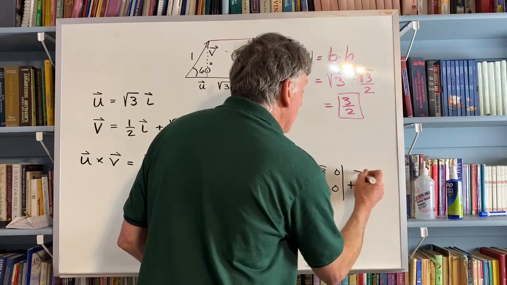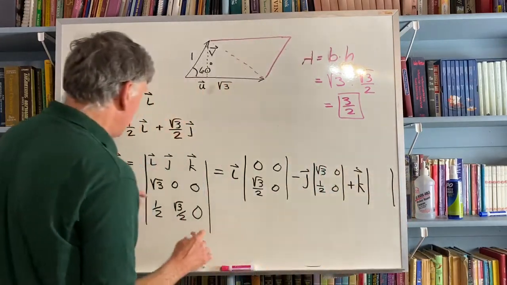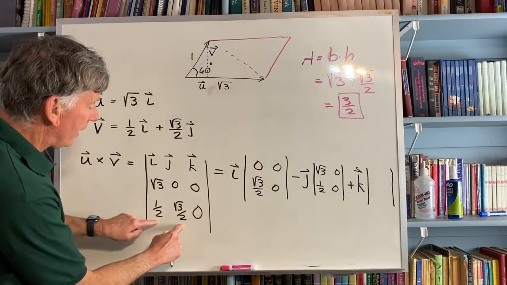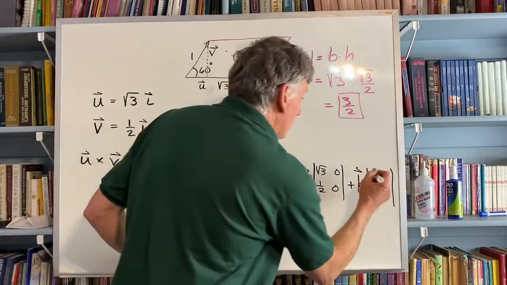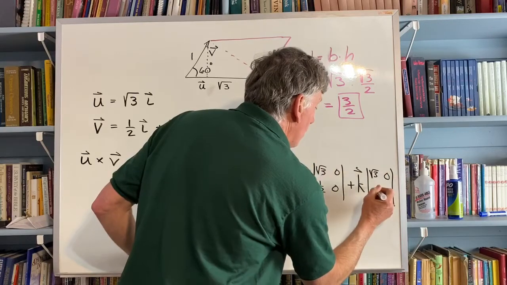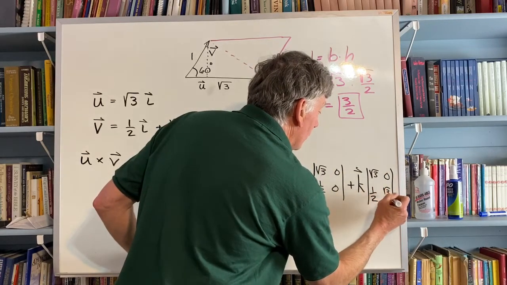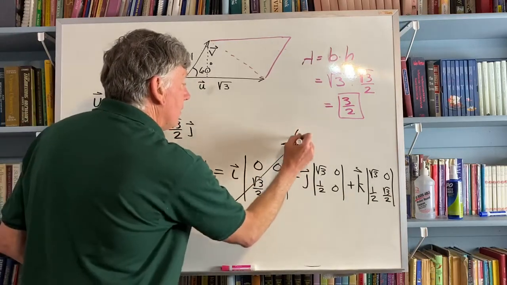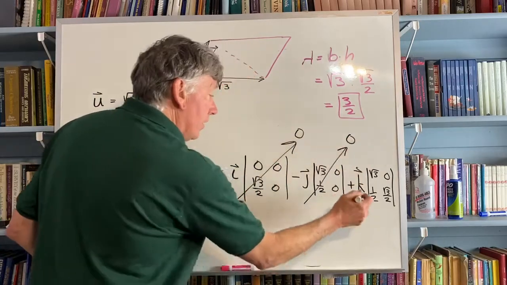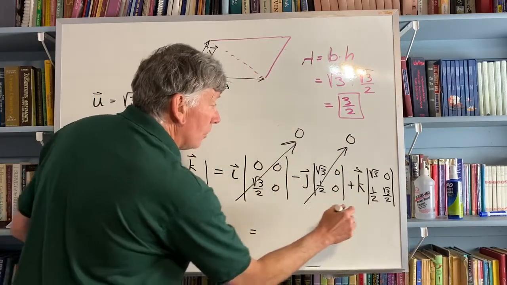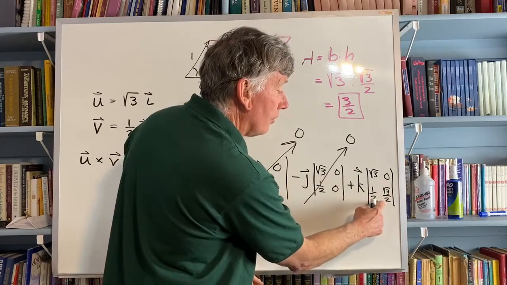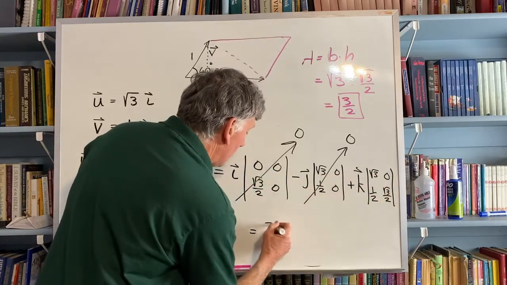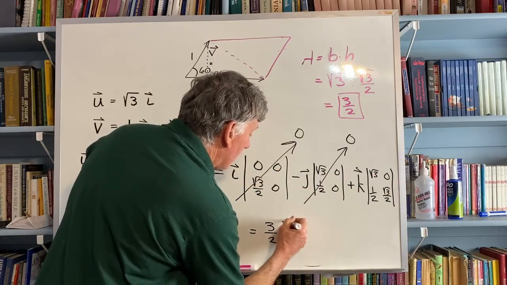Plus k times, now I block off this row and this column. I have square root of 3, 0, 1/2, square root 3 over 2. This is 0. This is 0. This is equal to square root of 3 times square root of 3 over 2, which is 3/2, minus 0, equals 3/2 k.